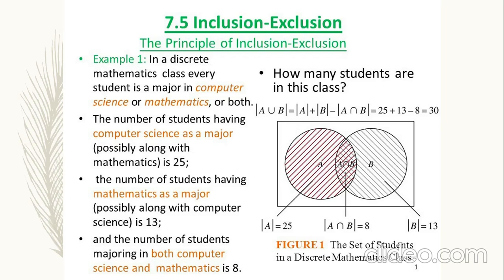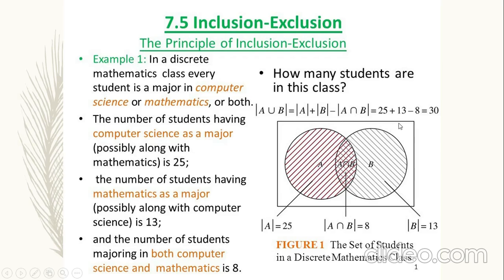Okay. So, using the symbolic representation of the inclusion-exclusion principle, we have the cardinality of A union B is just equal to the cardinality of set A plus the cardinality of set B minus the cardinality of the intersection of A and B. Okay.